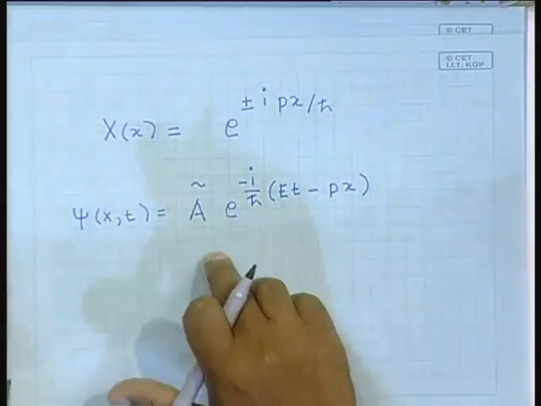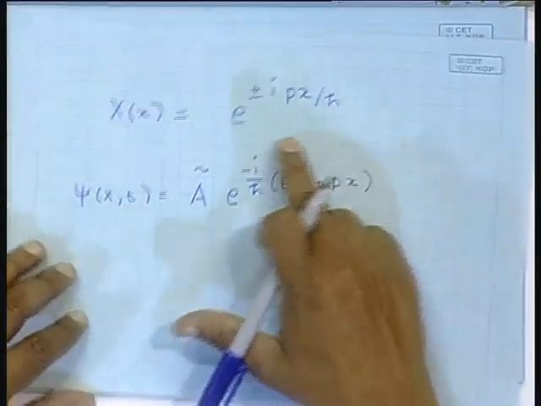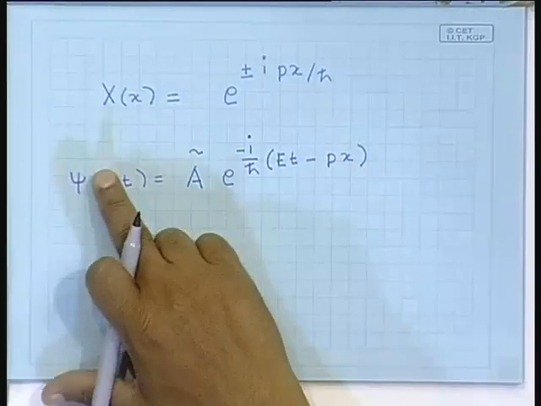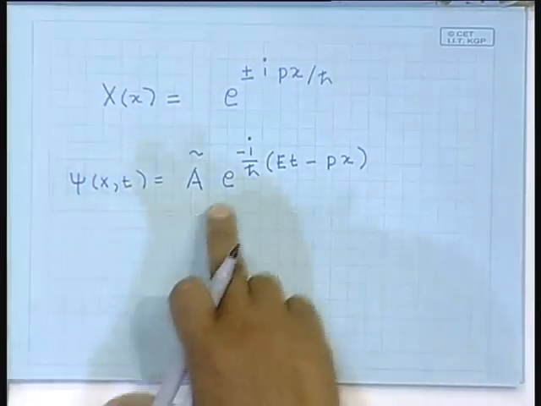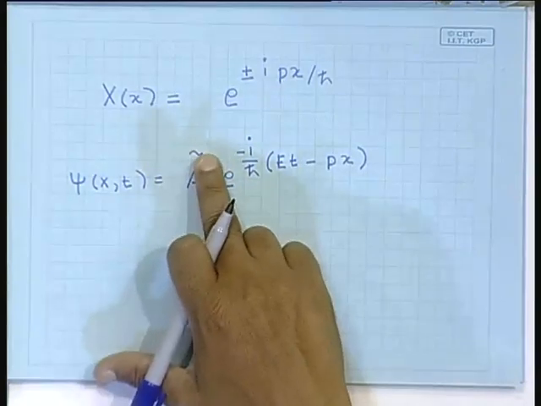So, this is a solution of the Schrodinger equation for a free particle, where there could be an overall constant which is still undetermined.